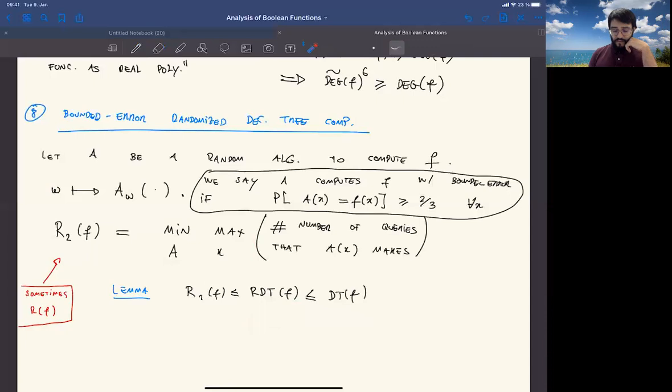We saw that in the previous class. And here it is also sort of trivial, because if you imagine A to be a perfect decision tree, it will guess with probability 1, actually. And here you're actually measuring the height of that tree. And therefore, you have this inequality.